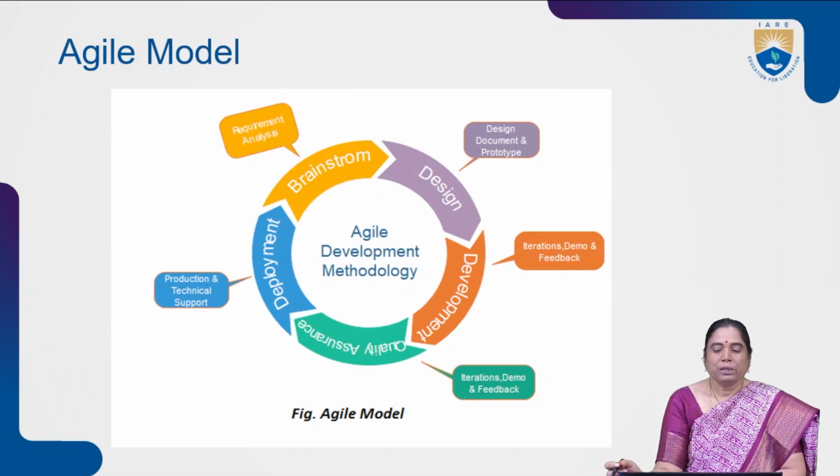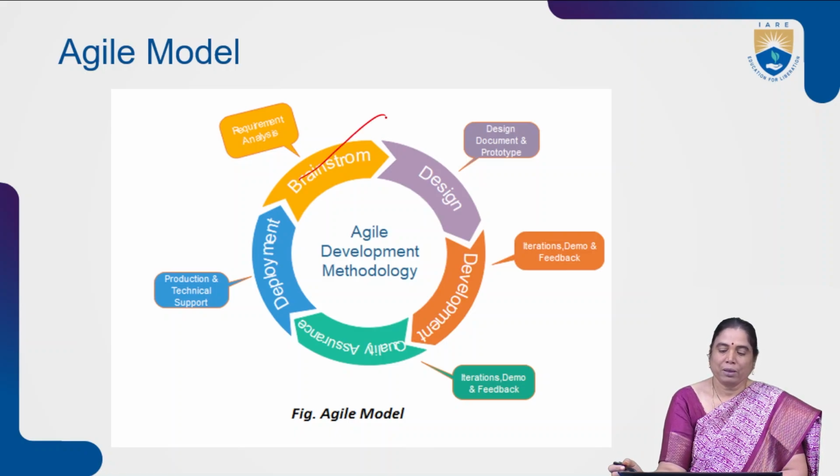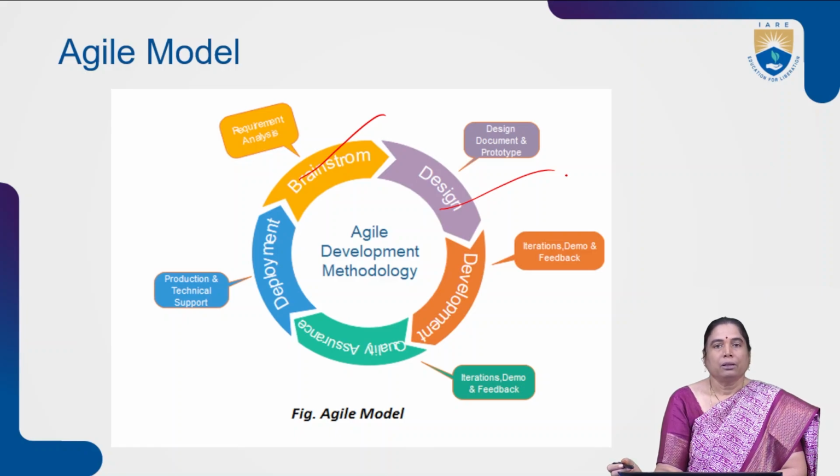The Agile model generally consists of these phases. Brainstorming, which is generally used for requirement analysis. Design, to model the project under development with a variety of CASE tools and UML diagrams. Development of the source code to solve the problem.